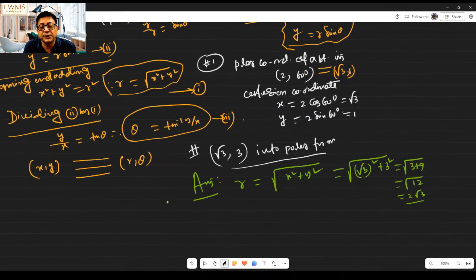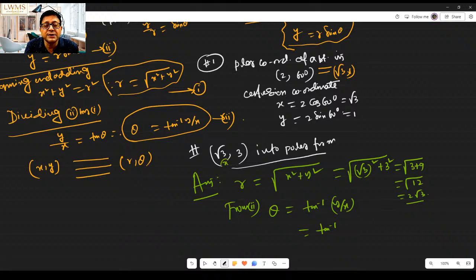From 2 we will get theta equal to tan inverse y by x. Okay. This is tan inverse, what is y? This is x and this is y.